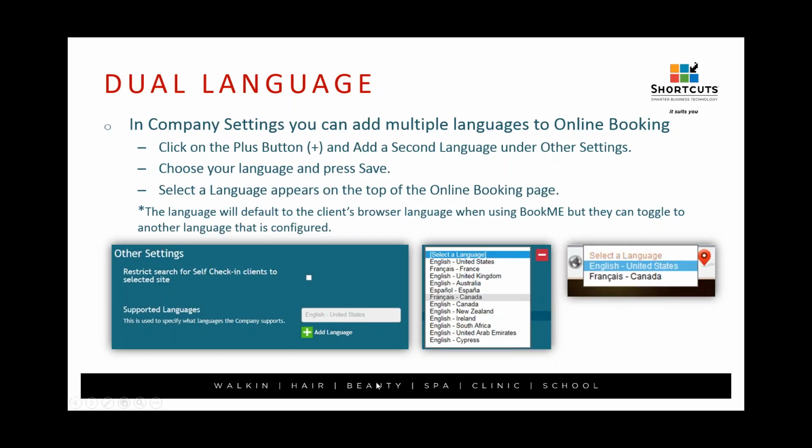Okay, and then again, the second language, you can add any of these that you'd like. On the client's browser, it will default to what language their browser is using. But then again, up at the top, they'll actually be able to toggle between the two languages you can see here. Select a language, and then I could choose any language that's set for that booking site.